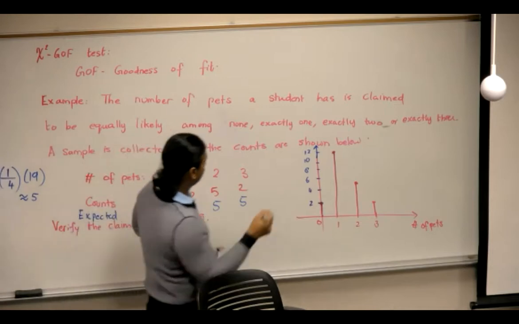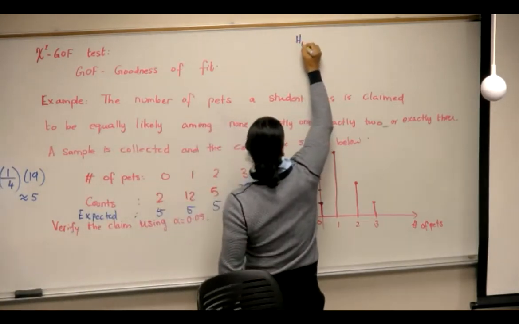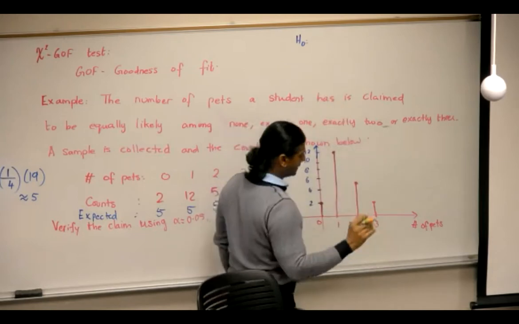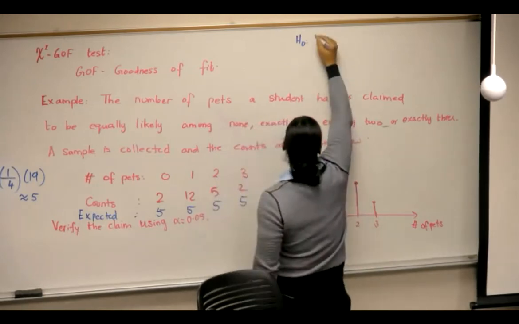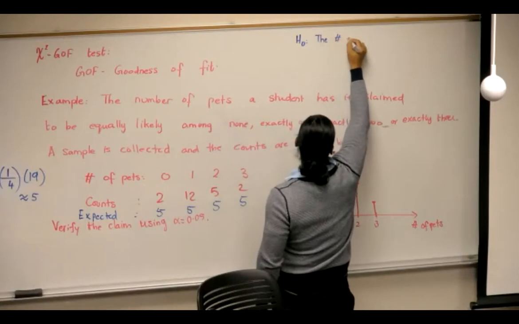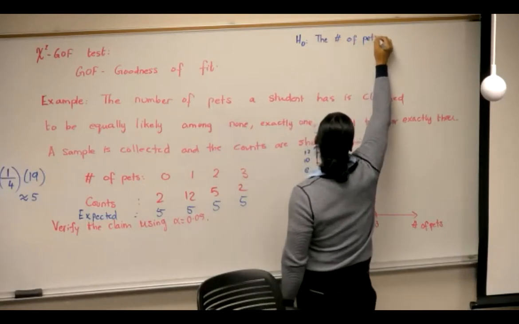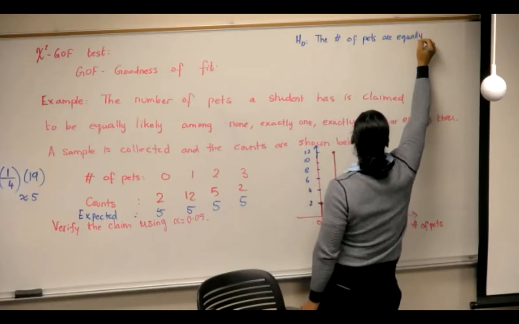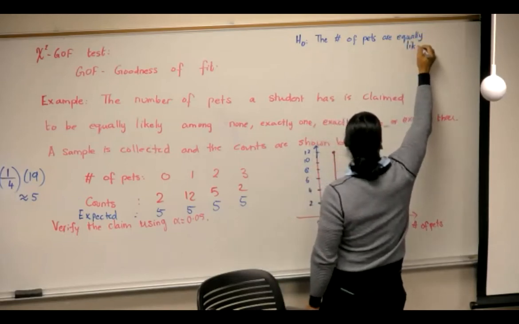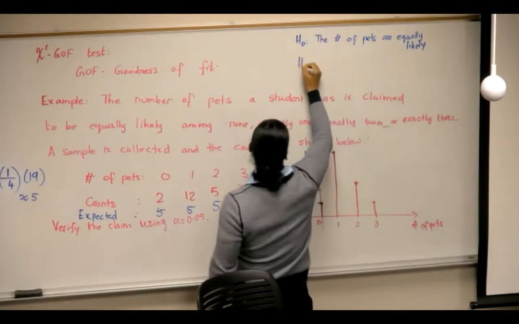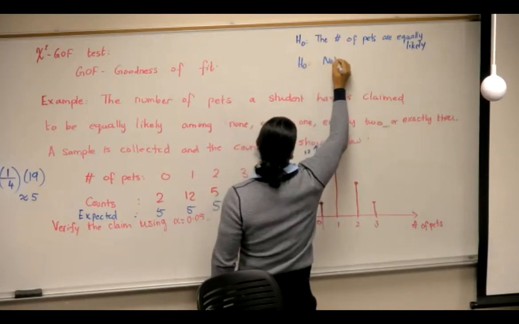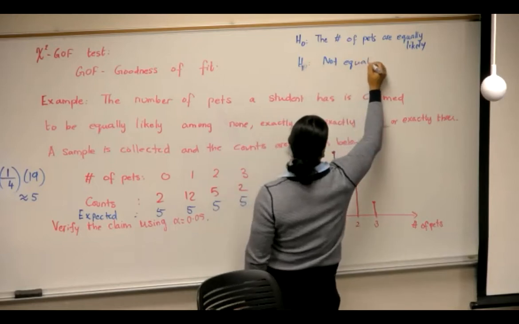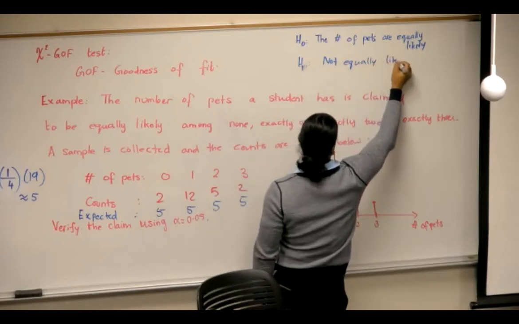Our null is that they are equally likely. The alternative is not equally likely.